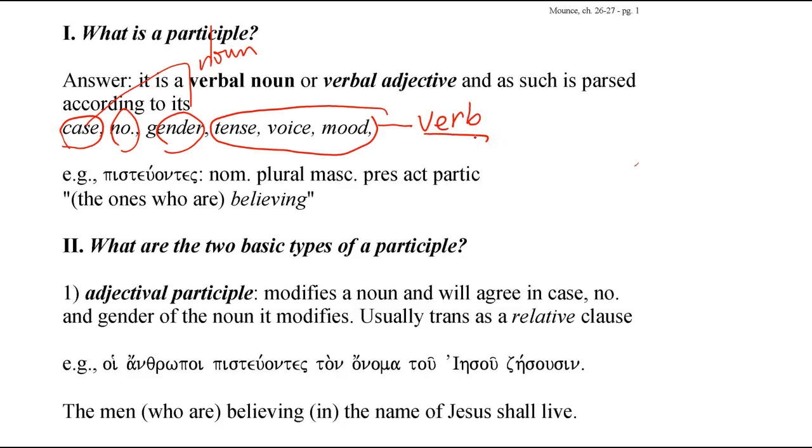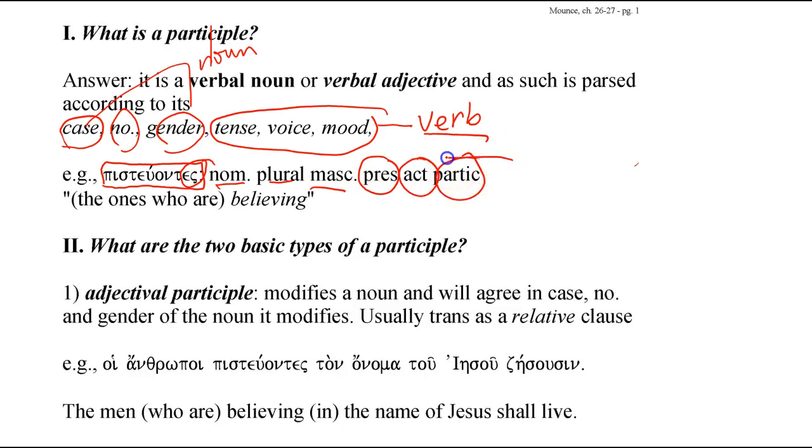And so if I were to just give a quick example, pisteuontes, you'll learn this for this module. But if I were to parse that, hopefully what you'll see is that third declension, nominative, plural, masculine ending, and then we'll learn that the stem to which this ending is attached identifies it as a present active participle.